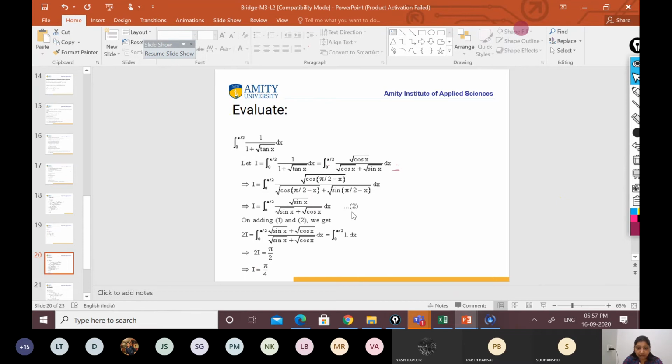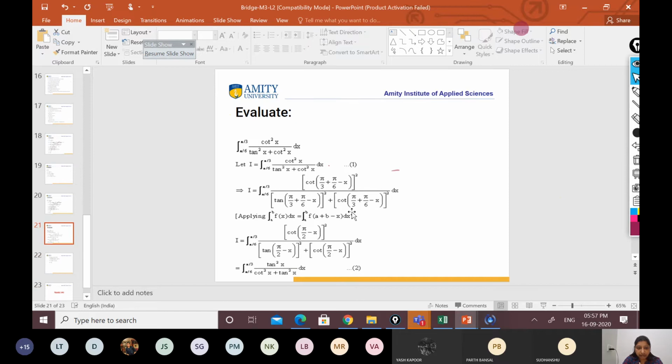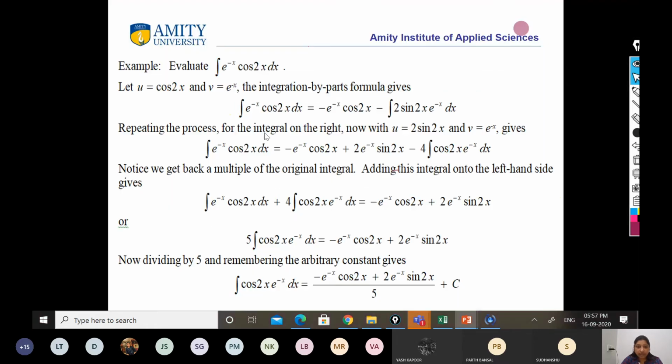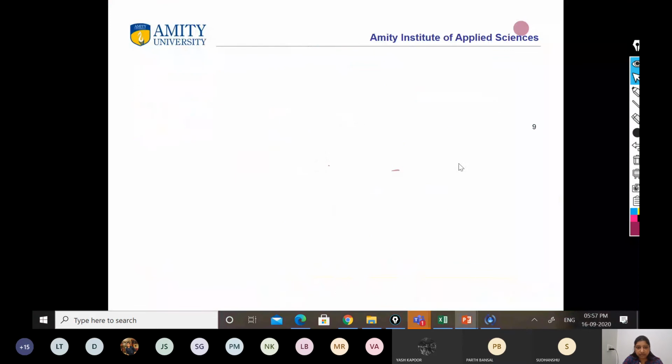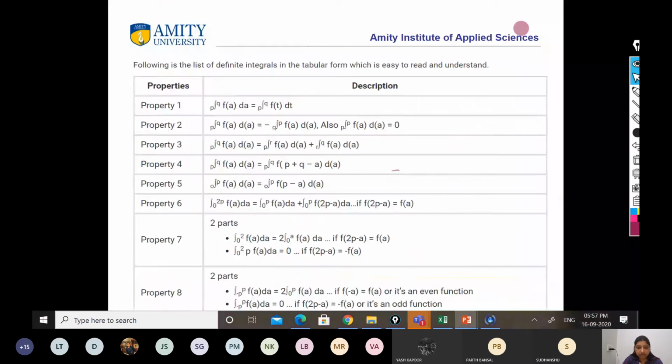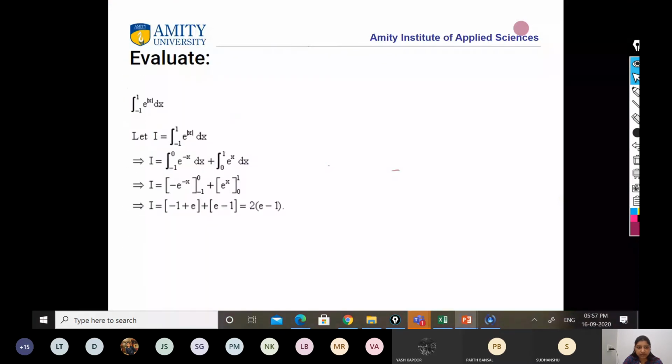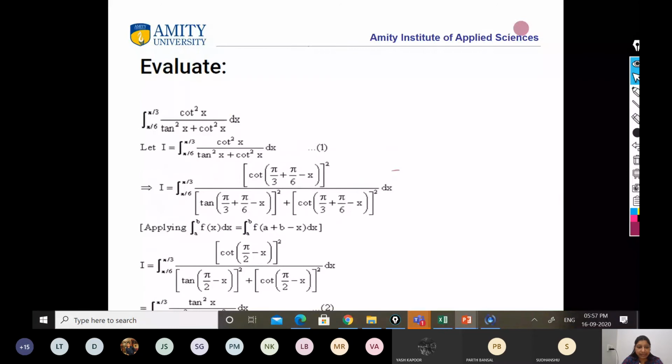Again, I think this is repeated. Yes, next one is the integral from pi by 6 to pi by 3 of cot square x upon tan square x plus cot square x dx.